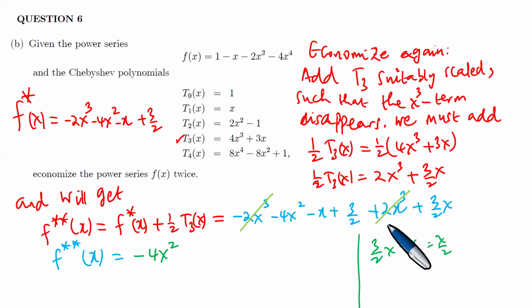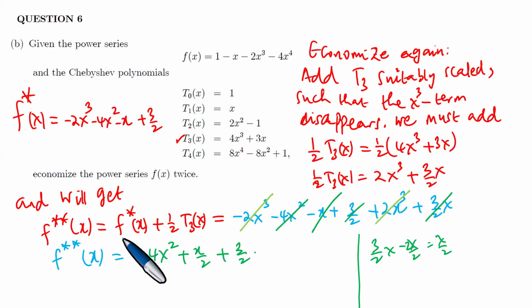So this, therefore, is going to be exactly x over 2, which is plus 3 over 2. So this becomes, therefore, the answer.